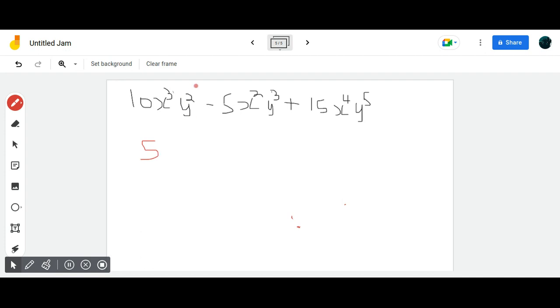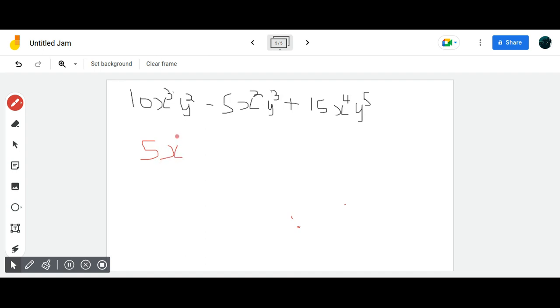An important thing to note is that when you're factorizing an expression like this, you look for the variables that have the lowest exponent. So the lowest exponent that is present, we have x square, right?